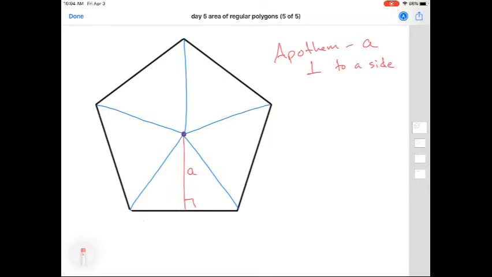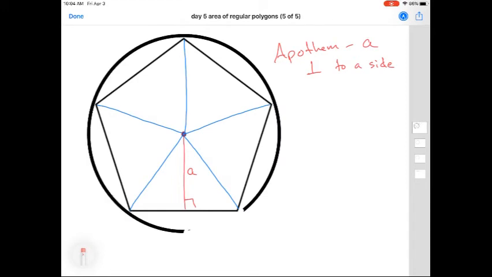We're only going to focus on one particular triangle. Let's go back to me saying that this is a regular polygon. The reason it has all congruent sides and all congruent angles is that if we were to put a circle around this pentagon, tell me what you notice about the sides of the triangles.